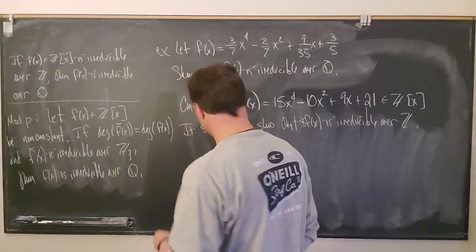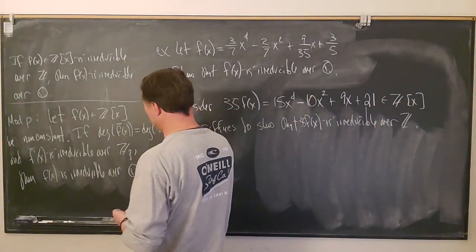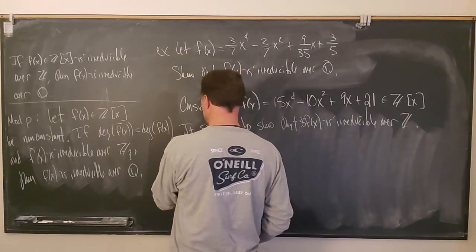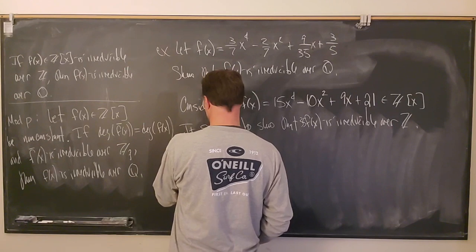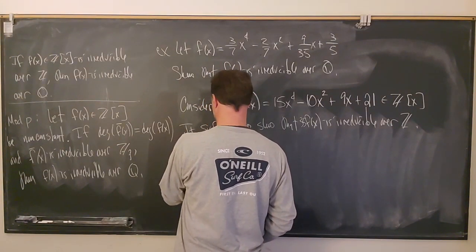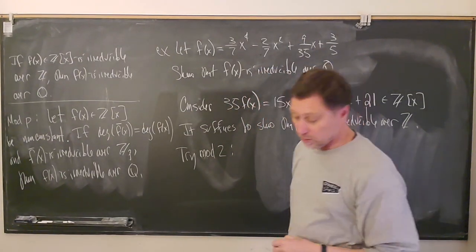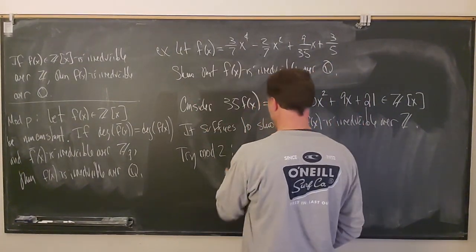Now, this is an example of using the mod p test. Typically what you do is you try starting off with a small prime. Our smallest prime is 2, so let's try mod 2.